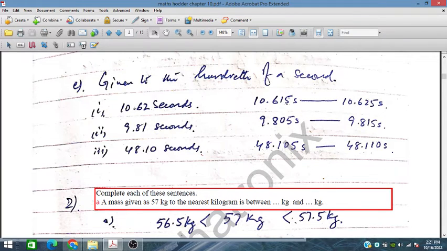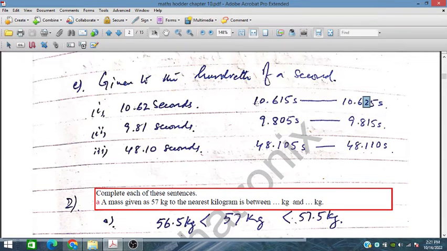If this becomes 6.16, 6.17, 6.18 up till 6.24, we take it as 6.2. But if it is 6.25, it will be considered as 6.3, because the hundredth position will be the answer.